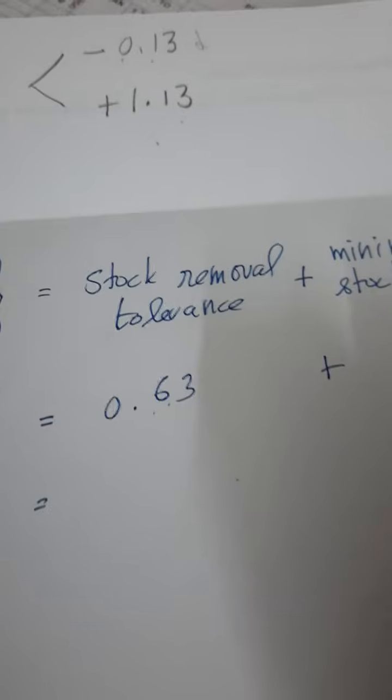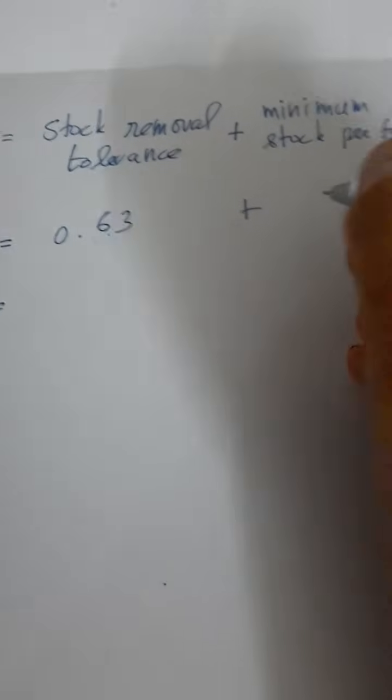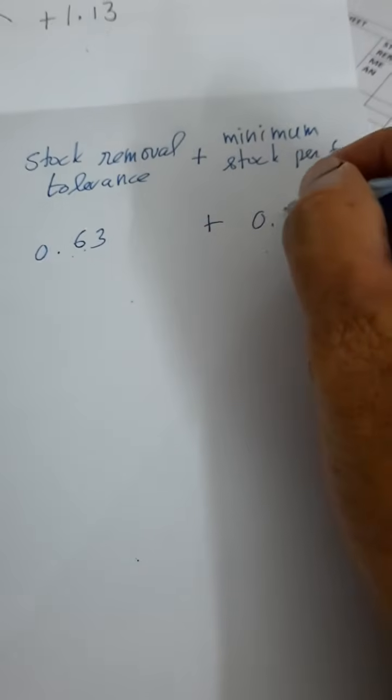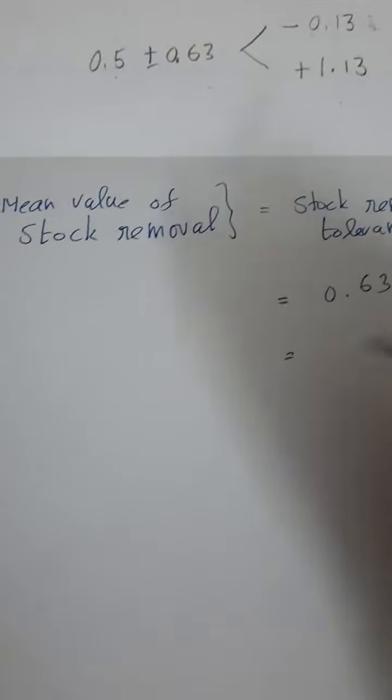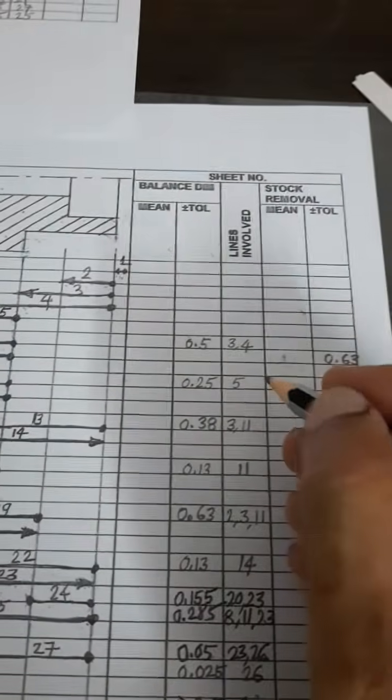Line number 8 is the dimension achieved during the finish turning 1 stage. So that 0.5 you are adding here. How much are you getting? 0.63 plus 0.5, 1.13. So this 1.13 you are entering against line number 8.